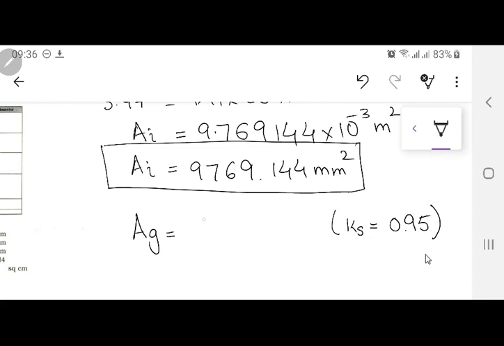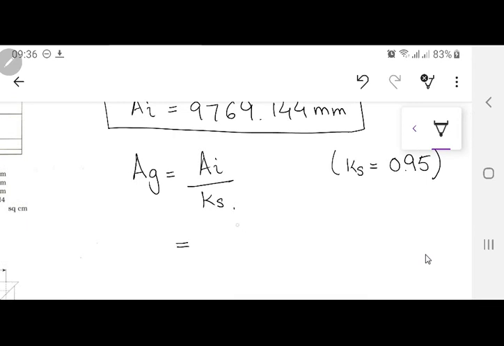So this will be equal to AI divided by your stacking factor KS. So this is 9769.144 divided by, I'm taking 0.95, it's totally up to you. You can take a value from 0.85 to 0.99 even, but 0.99 is practically not possible because there is always going to be some area occupied by the layer of the insulation or the resin.